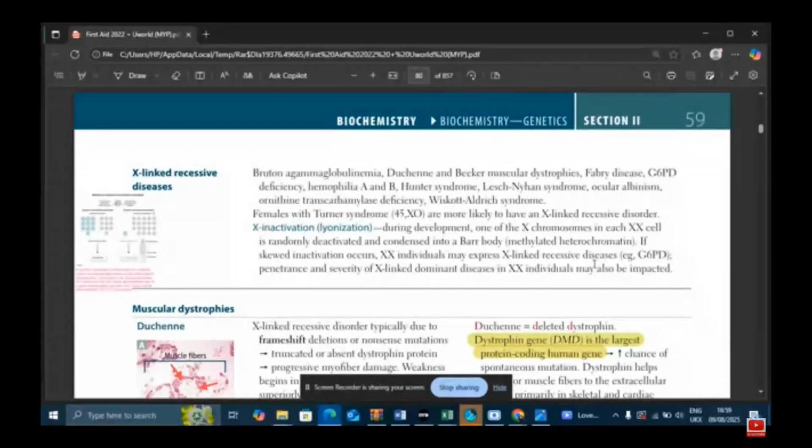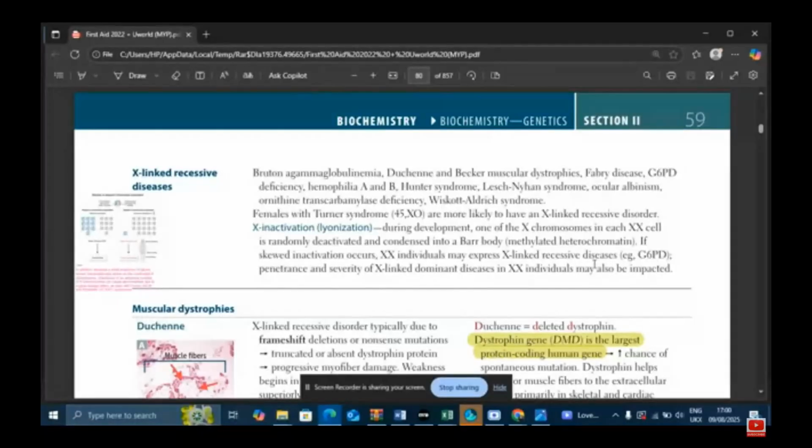So usually the X-linked recessive disorders are most likely seen in men, while sometimes the X-linked recessive disease also gets activated in females. And what is the reason? Because in females, the lionization process is very random. So in some cells the normal gene gets active, and in some cells the X chromosome that contains the faulty genes gets activated.